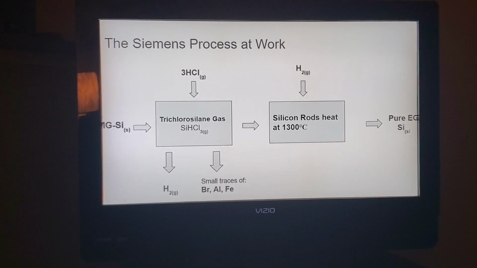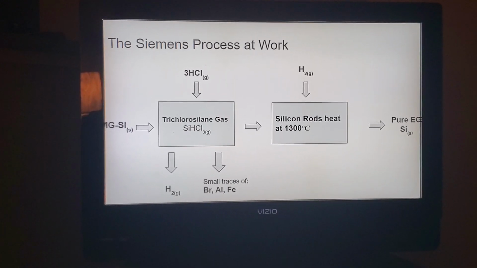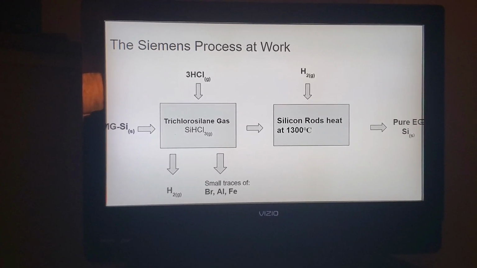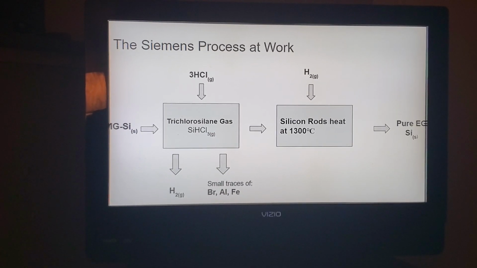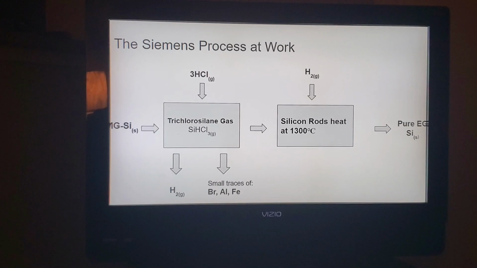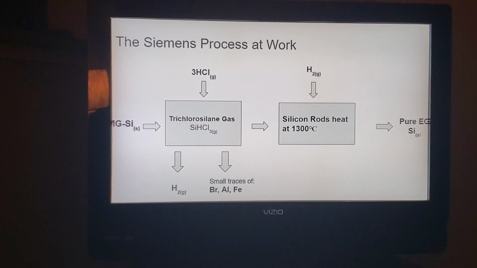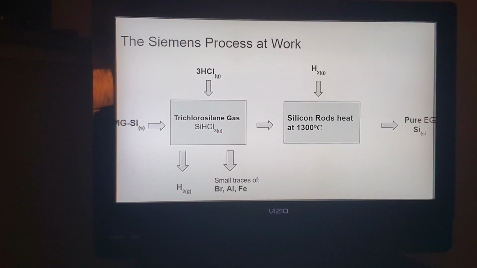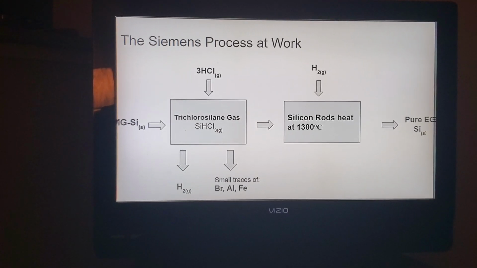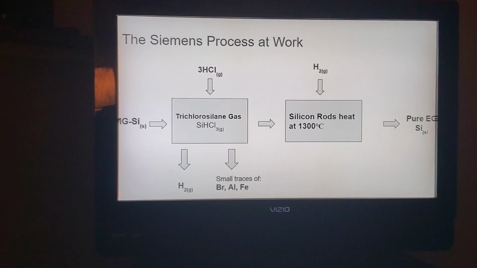The initial process starts with metallurgic grade silicon. The metallurgic grade silicon is generally in a powdered form. This silicon is then put into a reactor that's roughly around 300 degrees Celsius and combined with hydrogen chloride gas as well.